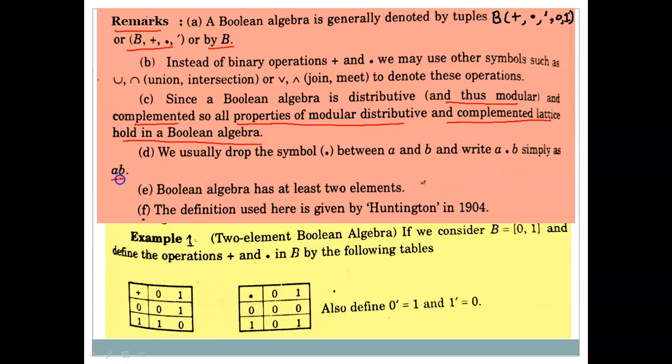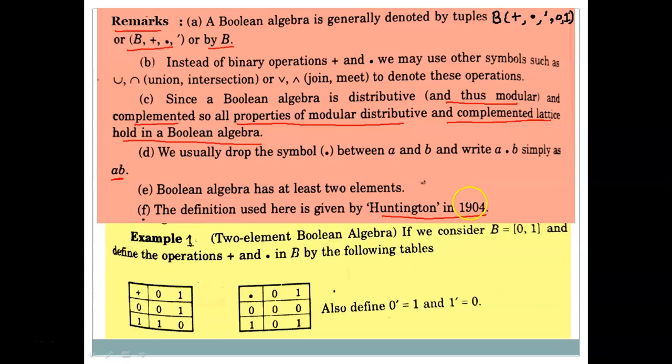If we are given in a certain statement AB, it means there is some operation dot in between these two. Boolean algebra has at least two elements. That means this minimum and maximum element will be there. The definition used here is given by Huntington in 1904.